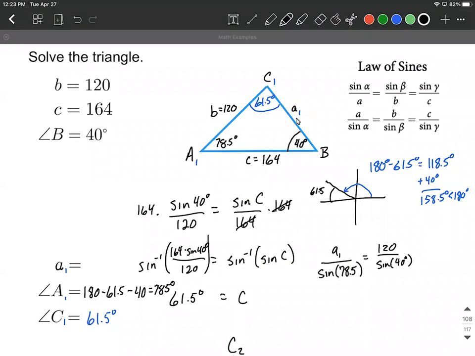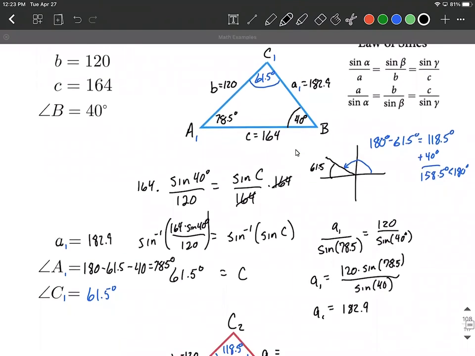Multiplying both sides by sine of 78.5, we'll get A1 equals 120 multiplied by sine of 78.5 degrees over sine of 40 degrees. And we'll just put that into our calculator. I got 182.9. All right, so this first triangle has been solved. We found all the sides and all the angles.